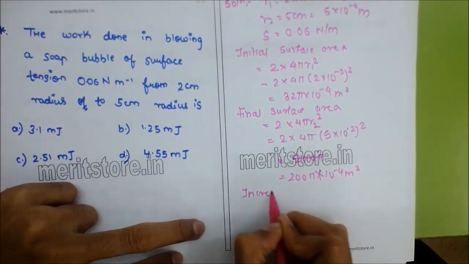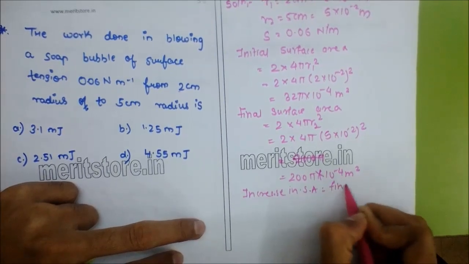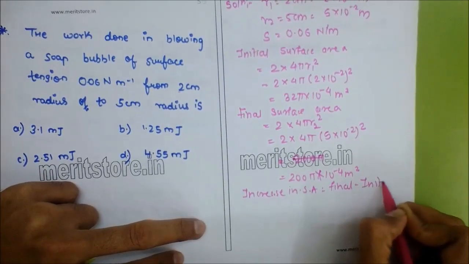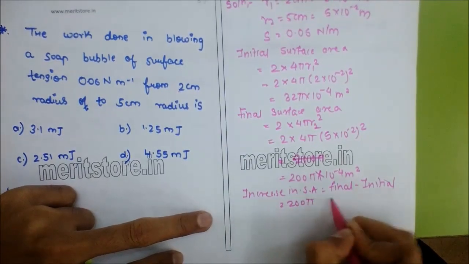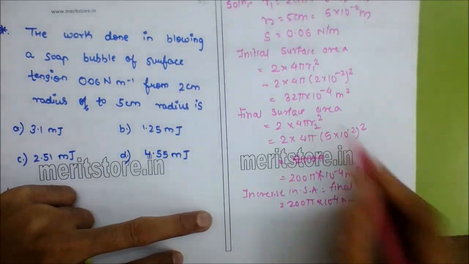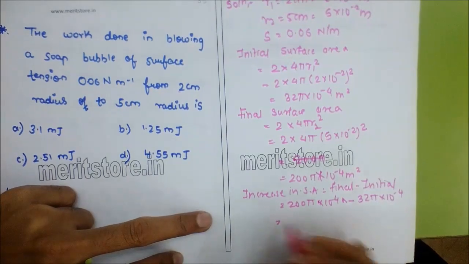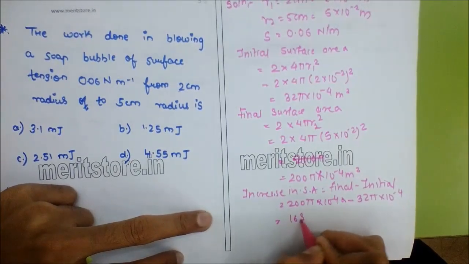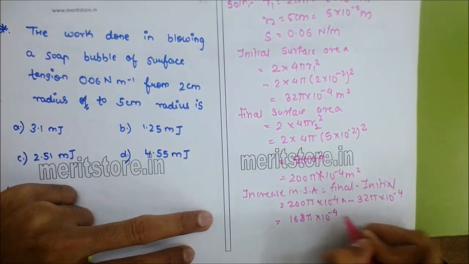So the increase in surface area will be final minus initial, that will be 200 pi into 10 raised to minus 4, minus 32 pi into 10 raised to minus 4. So that gives you 168 pi into 10 raised to minus 4 meters square.